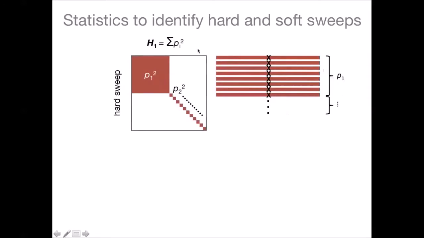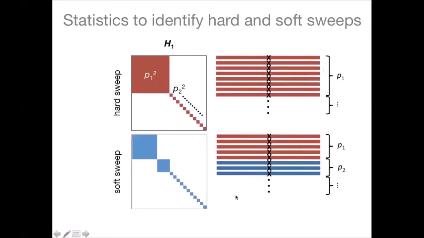And we can compute homozygosity as the sum of the squares of the frequencies in this window. And so here's the first haplotype squared and so on. And so the colored area of this box is roughly equal to the homozygosity of this window. Now, all things being equal, you can see that the soft sweep has a roughly greater colored area than the hard sweep. And so homozygosity will be more sensitive for detecting hard sweeps than soft sweeps.